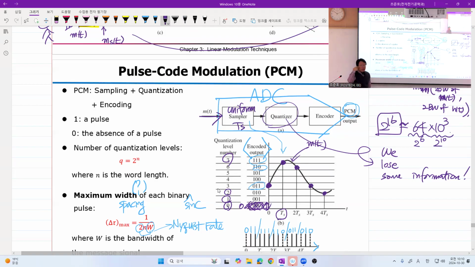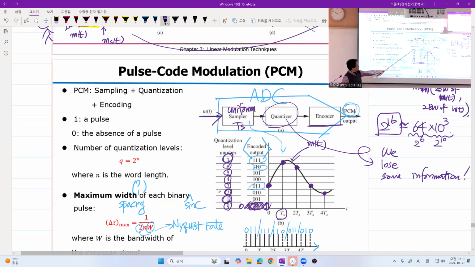Generally, a human being cannot distinguish whether it is a quantized version or not if you assign enough bits. And what about this encoder? This encoder converts this name of level.